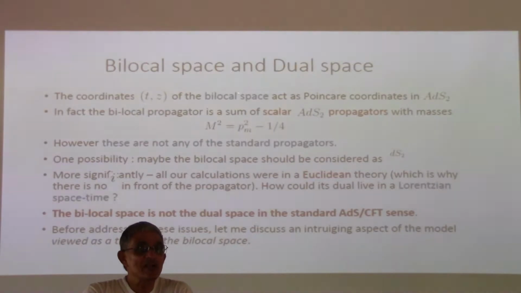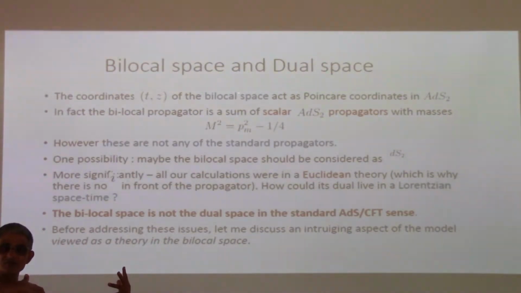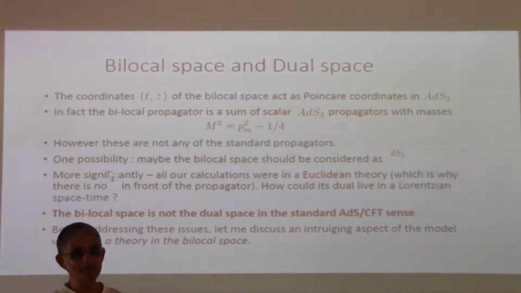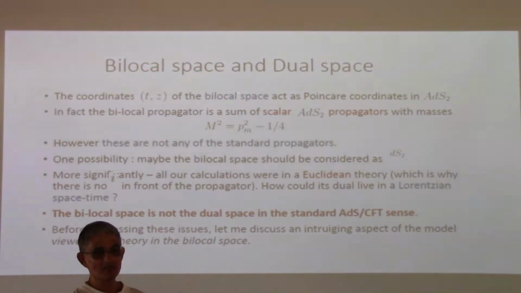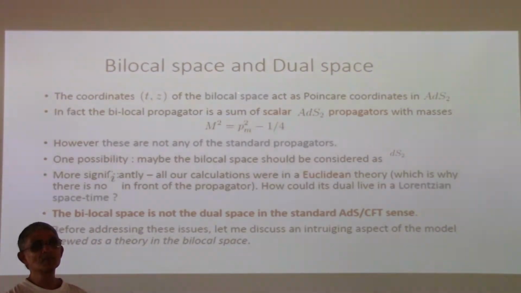If you were to interpret these coordinates as coordinates of... That's the issue I'm addressing, because the whole purpose of this talk is to see to what extent I can take the large N degrees of freedom and convert them into a space-time. We'll come back in a second to identifying these bilocal things. But in principle, if you just look at the normal fields that arise from the bulk, those all behave like in AdS-CFT. It's nothing different from standard AdS-CFT. Okay, so this was just a question.